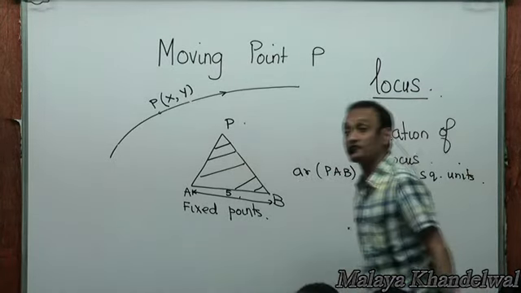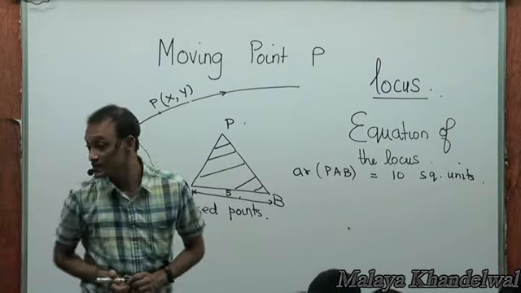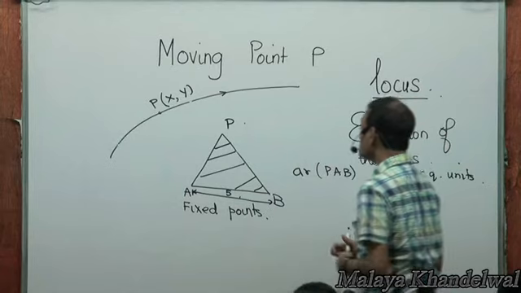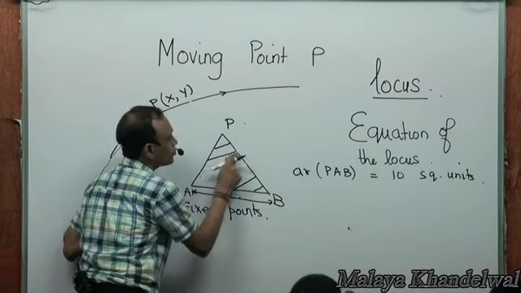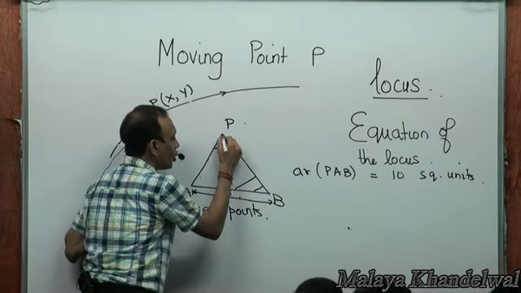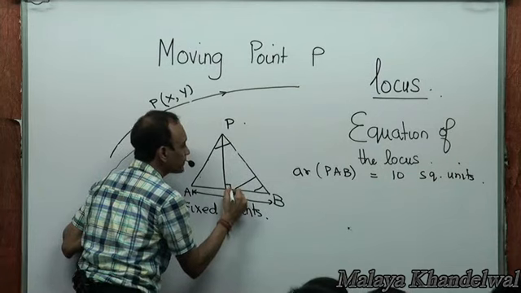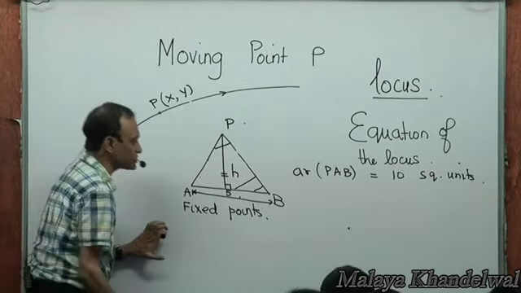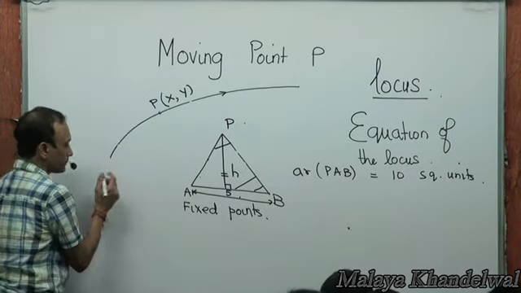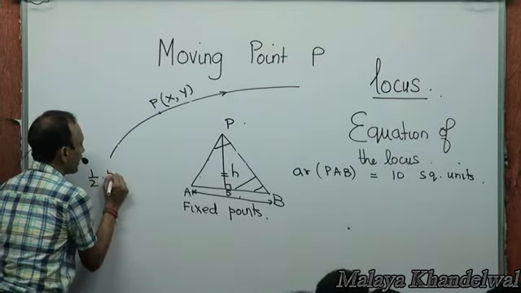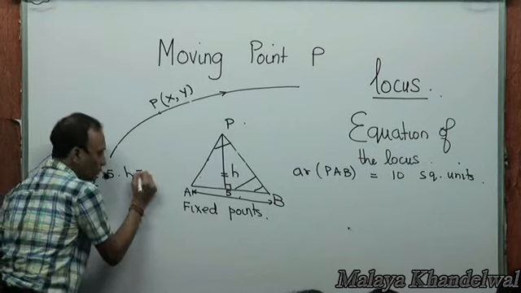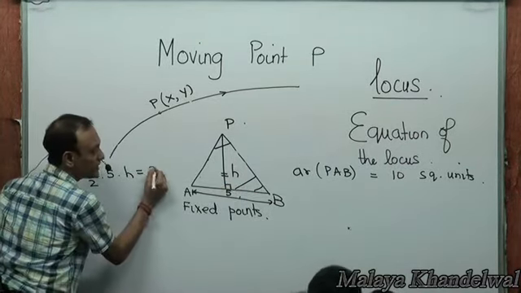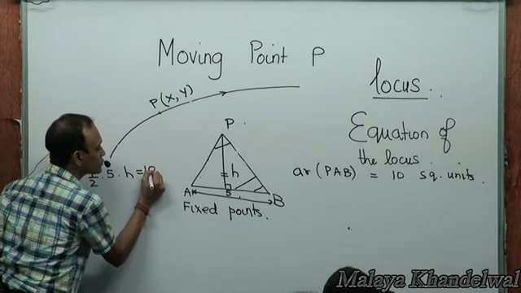Now, one thing for sure, no matter where P lies, the altitude from P onto AB, suppose that's H. Then can I say no matter what, half of 5 into H, for all positions of P, half of base into altitude, that must be equal to 10 square units.